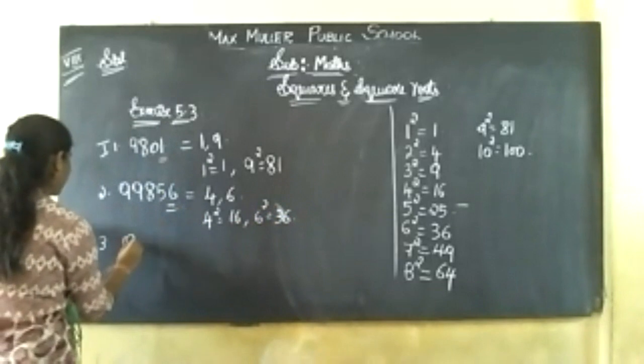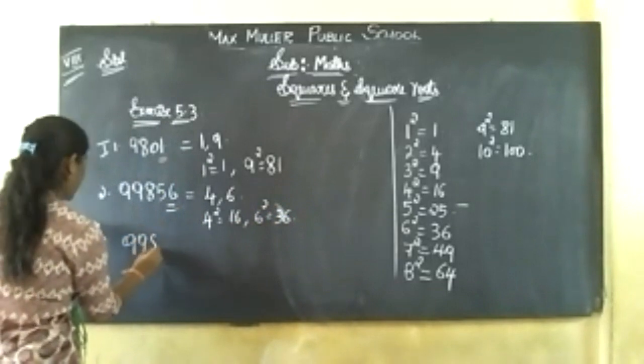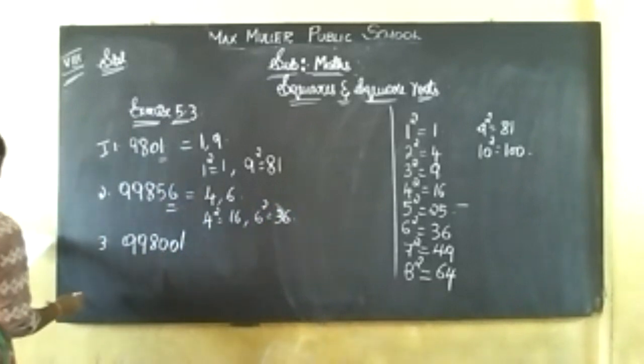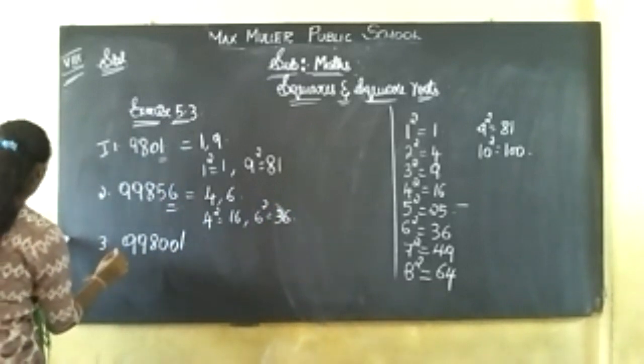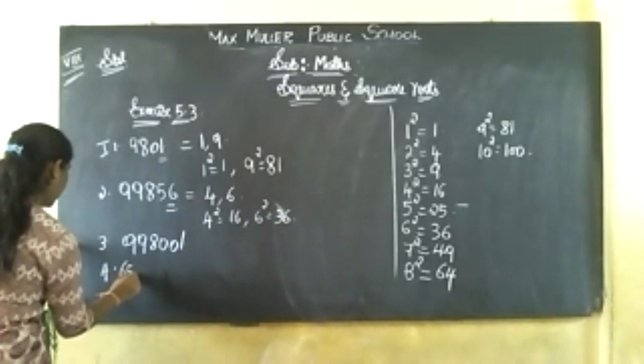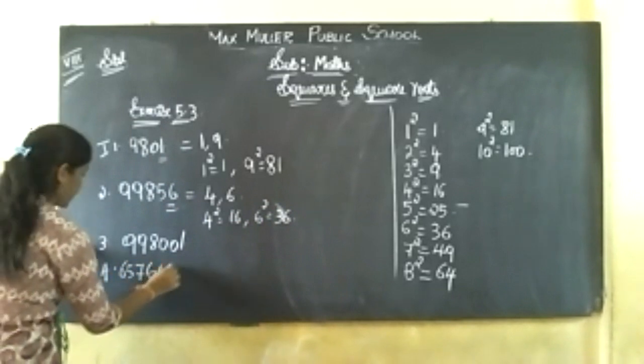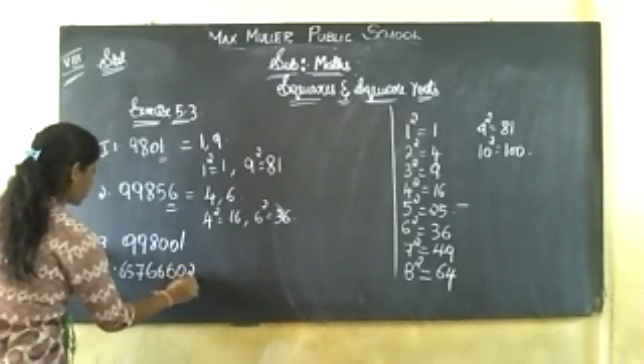Next, 998001 and the fourth problem, 657 and 666.